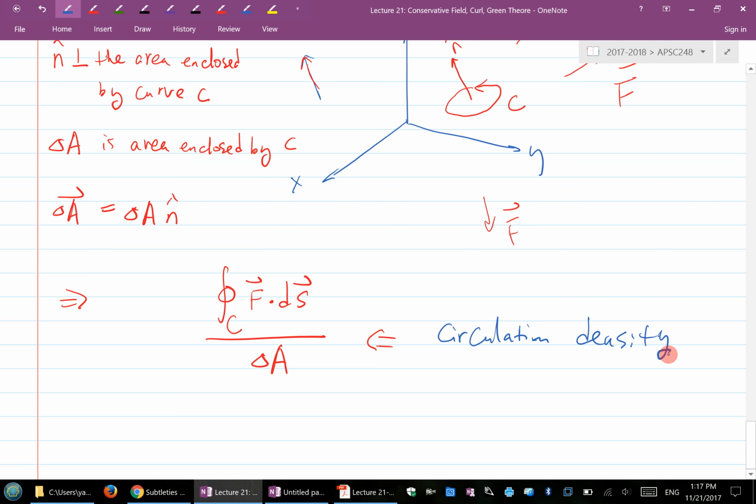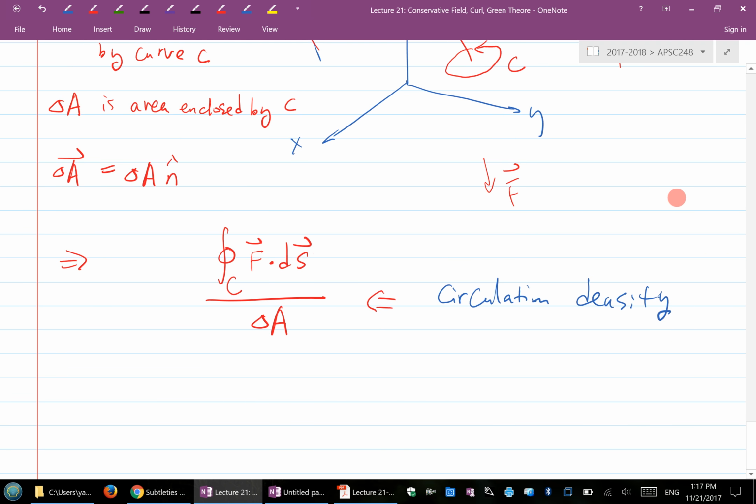More precisely, the numerator is the circulation and the denominator is the area, so we can call this circulation per unit area. That's basically a density concept. It's like mass per unit volume, right? Here it is circulation per unit area.